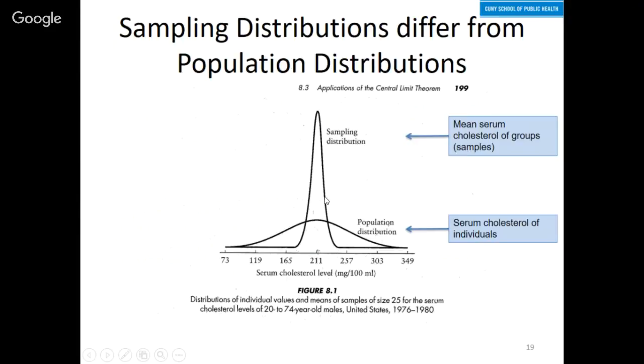So we've taken 25 people, calculated their mean serum cholesterol, and done that over and over. So are you surprised it looks like this? The mean is the same, but it's way skinnier. Why is that?